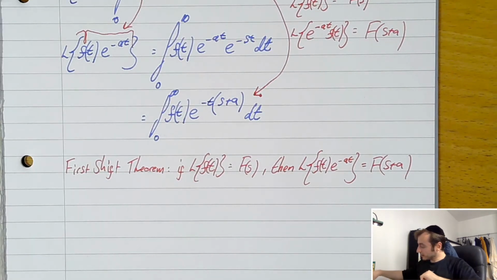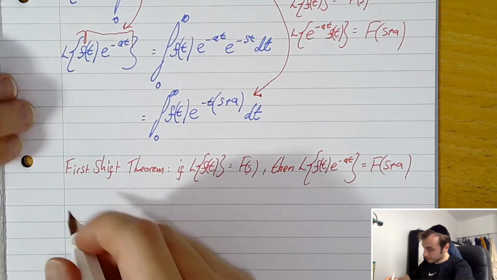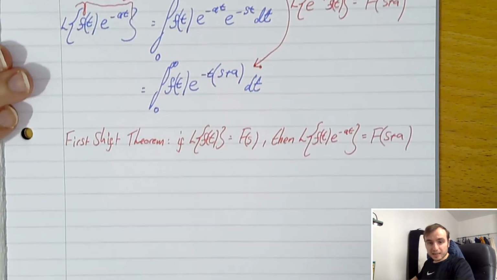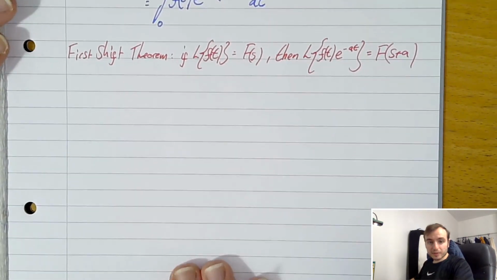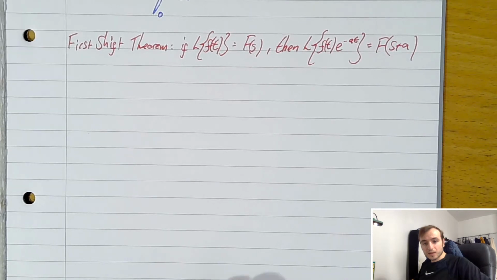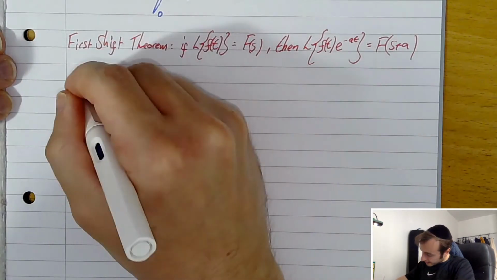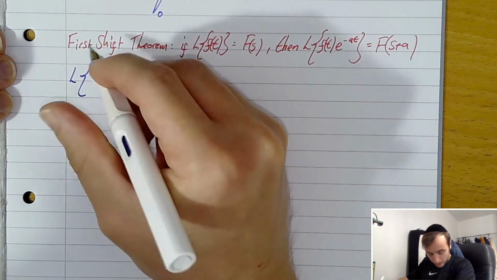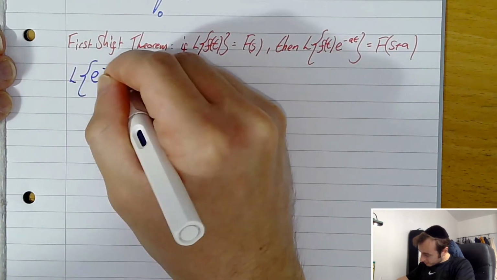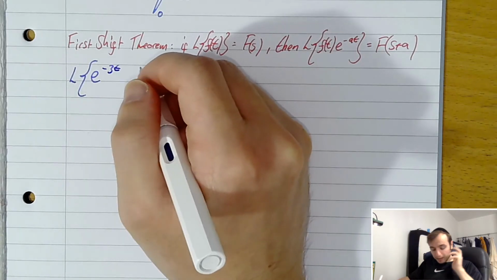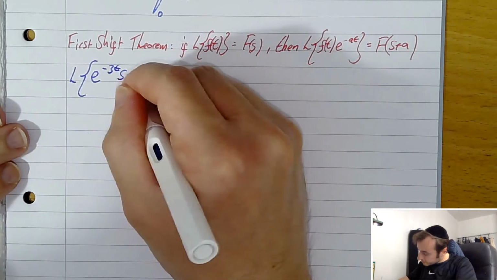So let's have a look at a couple of questions just to see that in practice. Let's look at, say, the Laplace transform of e to the minus 3t sine 2t.